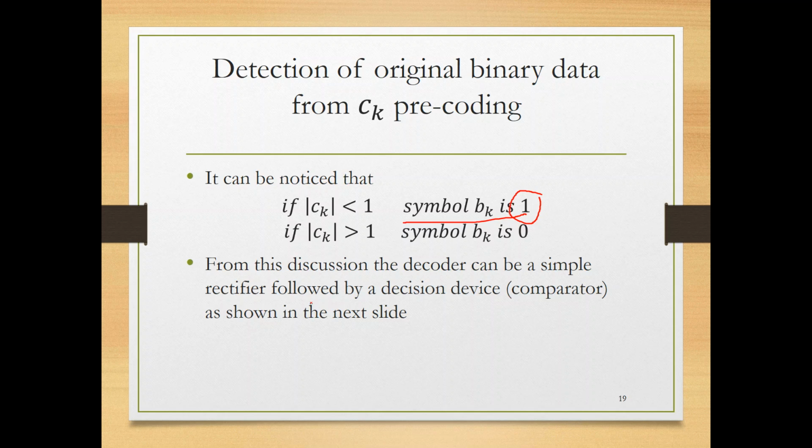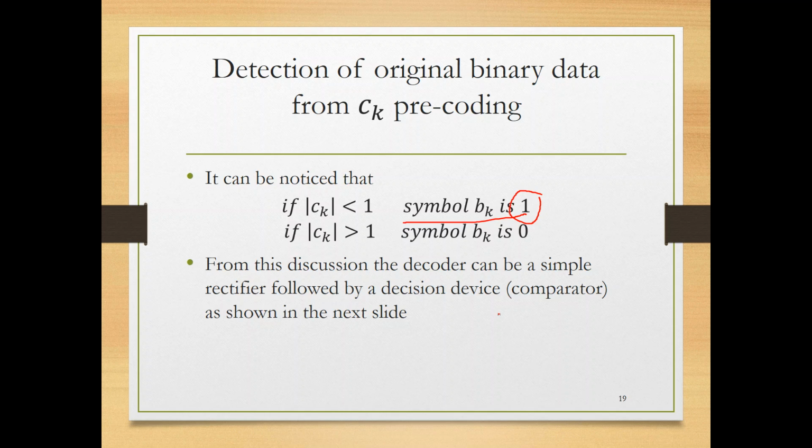How to get only the positive? You use a rectifier like a diode. If you remember from electronics, you get only the positive. The negative becomes positive actually, and your whole signal becomes positive above 0. From this, the decoder can be a simple rectifier followed by a decision device, and we call the decision device a comparator.